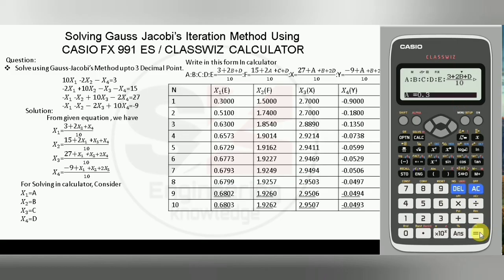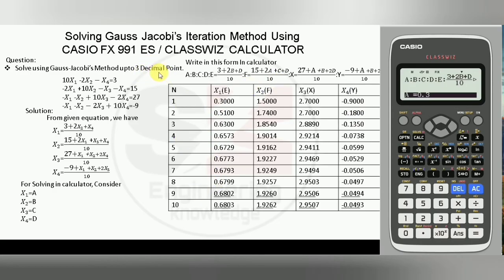In this way, for the third iteration, we have to put the values of iteration 2 for A, B, C and D. We have to put the previous values in the next iteration so that we can get the values for the current iteration. By following this same procedure, we can get our exact values until our 3 decimal points match.